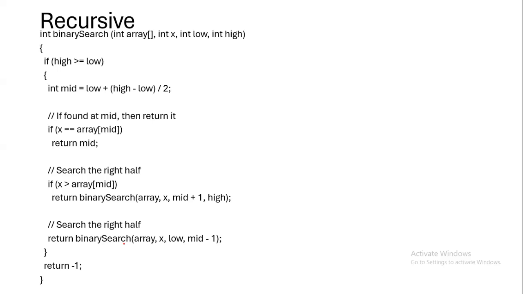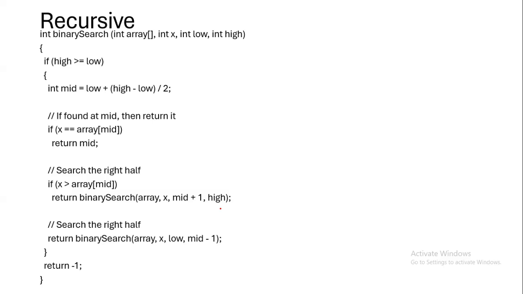Else, if both the conditions are false, then control goes to this binary search call. If x is less than array of mid, then we recursively search the left half by calling the function with the parameters low to mid minus 1. Over here we are updating the upper bound, whereas in the previous case we updated the lower bound.